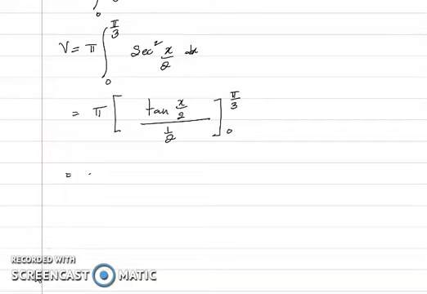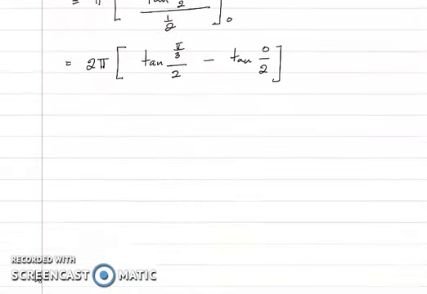So I'm going to bring that 2 out, as in 2 pi. And then inside the bracket I have, I'm going to replace x with pi by 3. So this is the tangent of pi by 3 divided by 2 minus the tangent of 0 divided by 2.